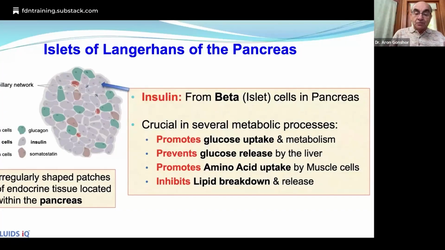It also promotes amino acid uptake by the muscle cells. So amino acids, as you remember, are the building blocks of proteins. And so it is also involved in protein metabolism and as well lipids, fat. It inhibits the breakdown of lipids and their release.